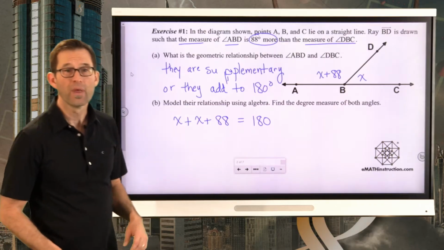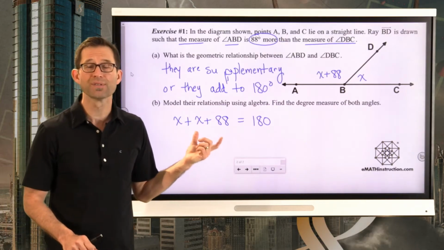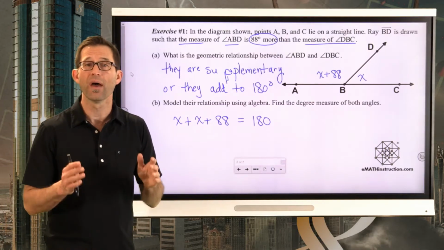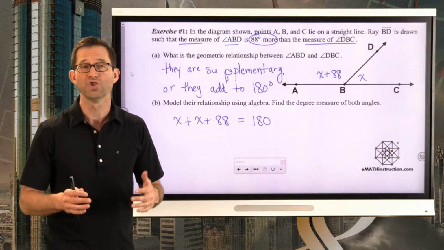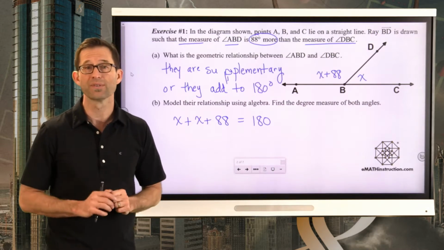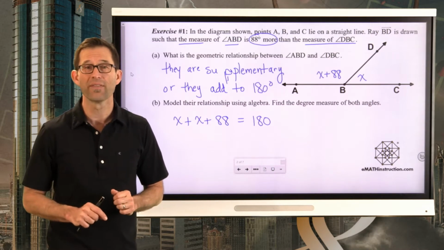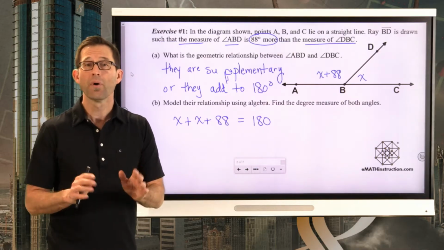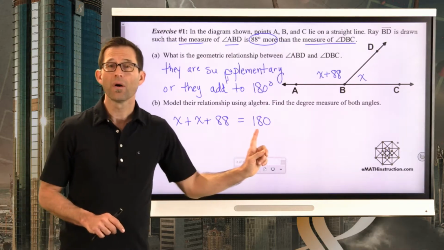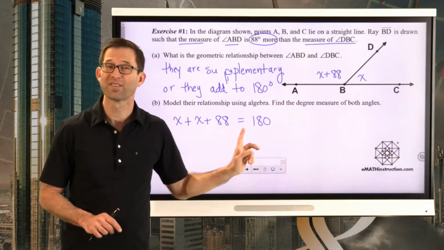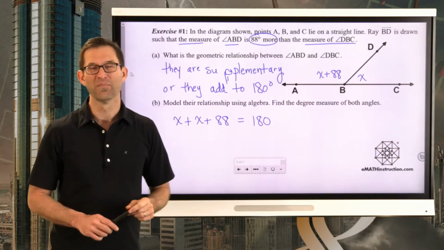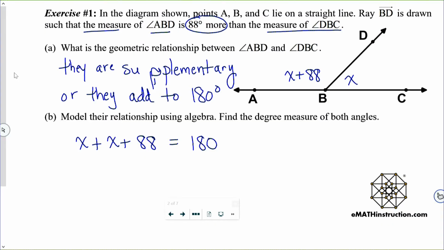Truly, this equation models all of the information that we know in the problem geometrically. It also is enough to allow us to find the measure of both of the angles. Pause the video now, solve this equation, and then find the measure of both angles.